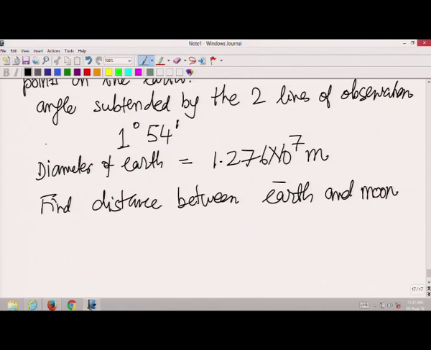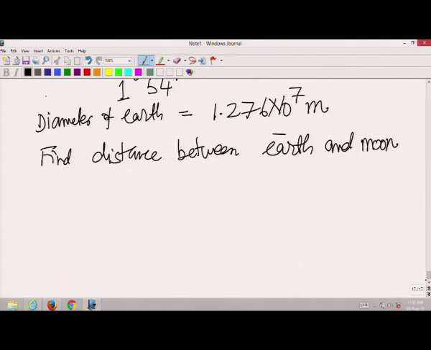So, here if we draw, if this is the earth, we have observatory A here, observatory B here, and this is the location of the moon.